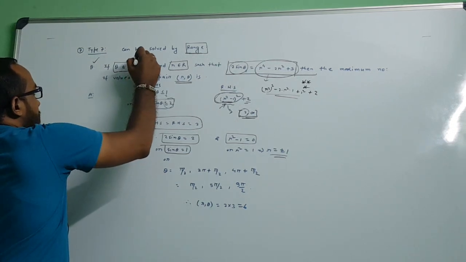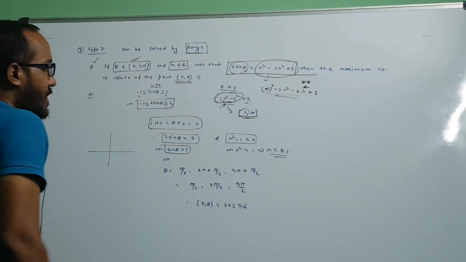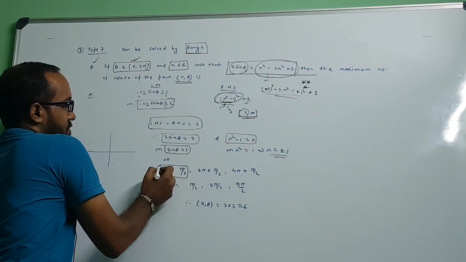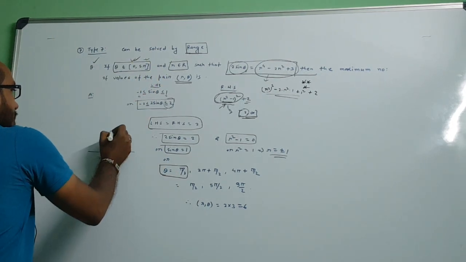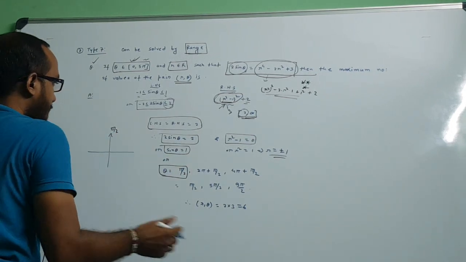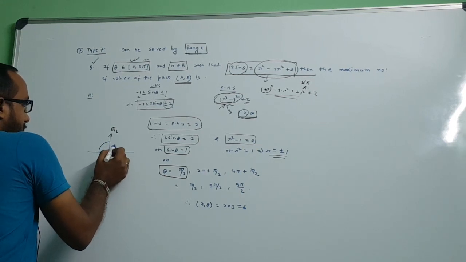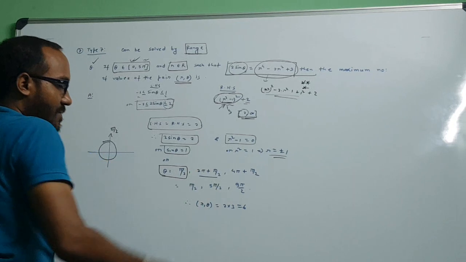See here the problem is very critical because the angle is given between 0 to 5 pi. We know that sin theta is 1 at pi by 2, that's all we know. But here the range is given from 0 to 5 pi. So pi by 2 is here. To find the next value, we add 2 pi. So it would be 2 pi plus pi by 2, which gives the same value.